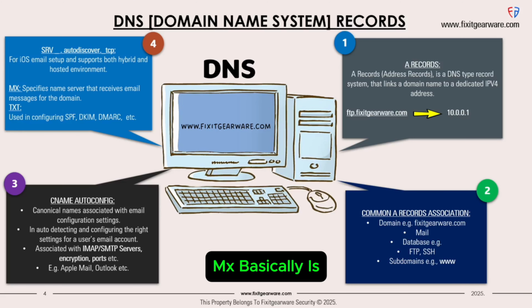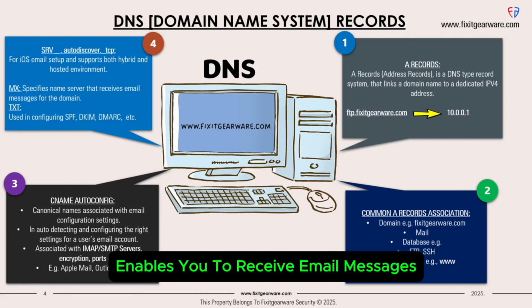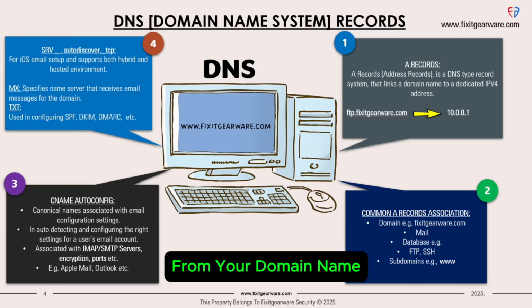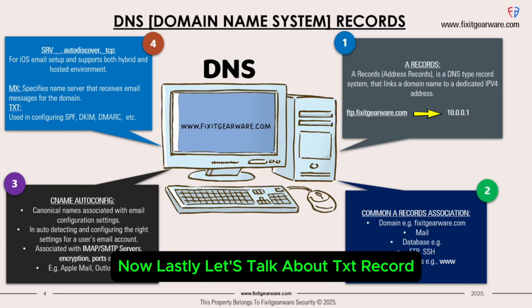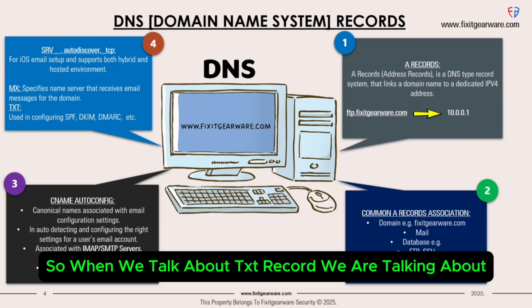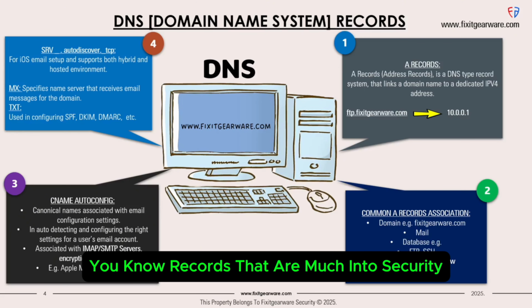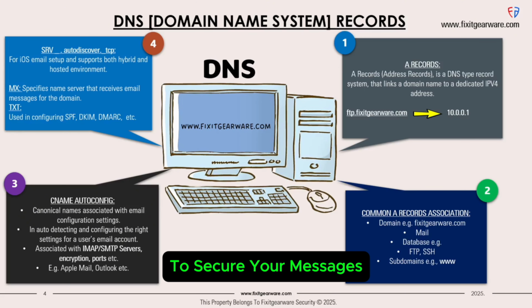MX basically is a DNS record that enables you to receive email messages for your domain name. Now, lastly, let's talk about the TXT record. When we talk about TXT records, we are talking about records that are much into security, to secure your messages.